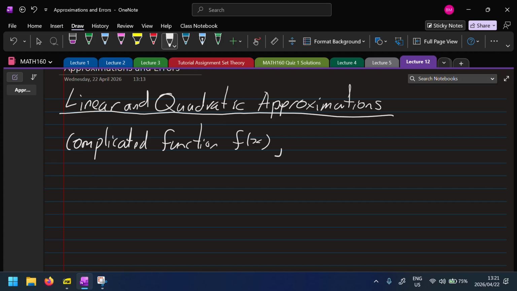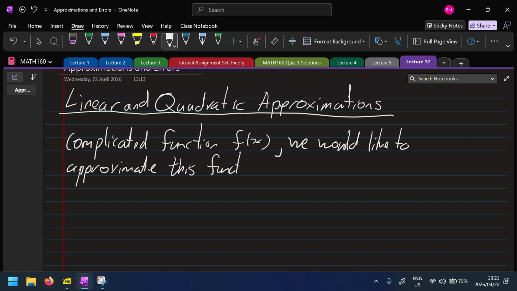So we replace it with some easier function to work with near a certain point of interest.